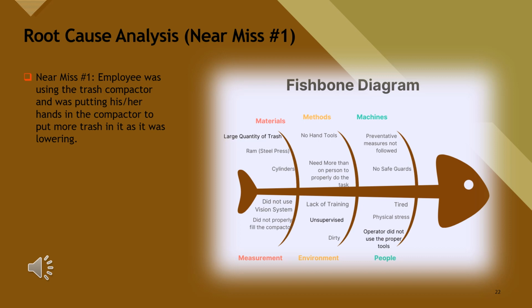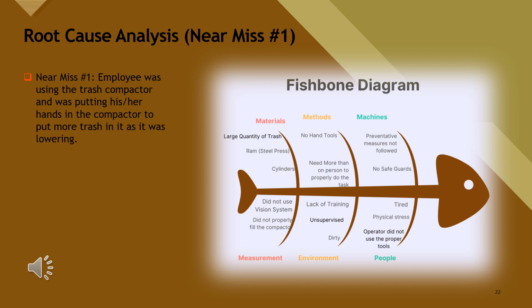Moving on to materials and measurements. Some of the materials, they are handling large quantities of trash. They are dealing with steel press, which is the ram, and they are dealing with cylinders. And the measurements of this is, they did not use a vision system. They did not properly fill the compactor.